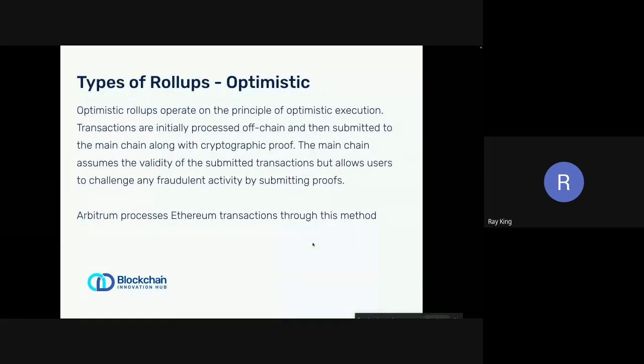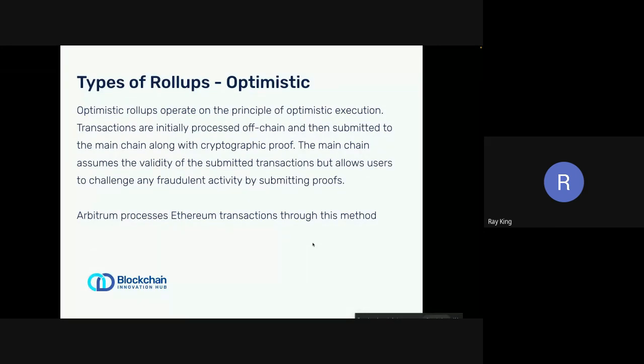It's like a boss and his employee. An employee comes back to submit reports, but the employer doesn't bother to validate whether the report is correct because it feels it's going to be correct. It's optimistic that the report is going to be correct, and it just accepts it. So that's how optimistic rollup works. It assumes that the submitted transactions are valid, and then they get added.